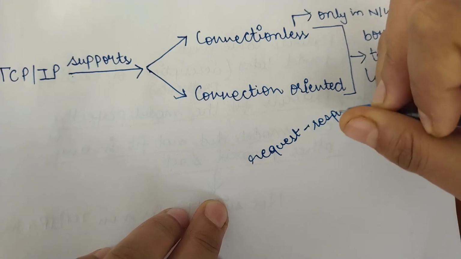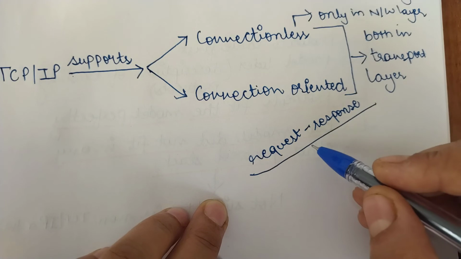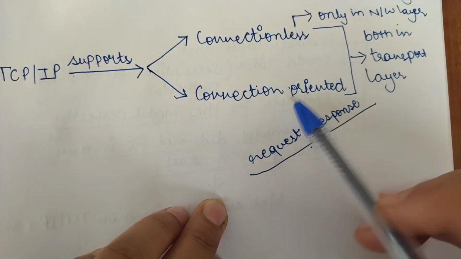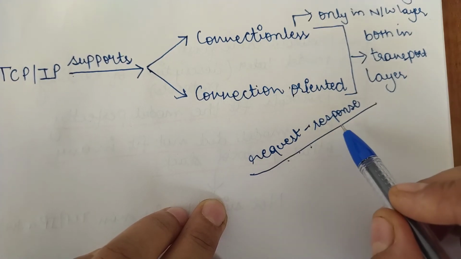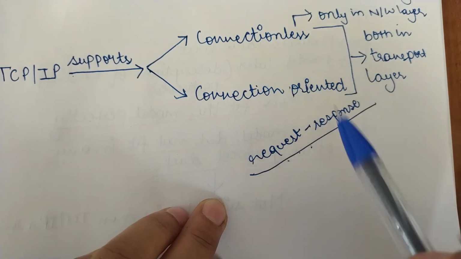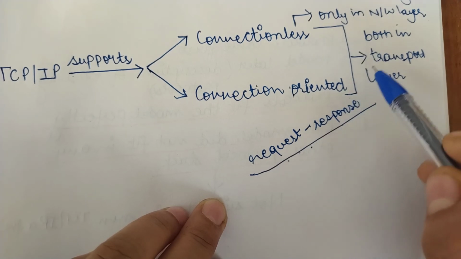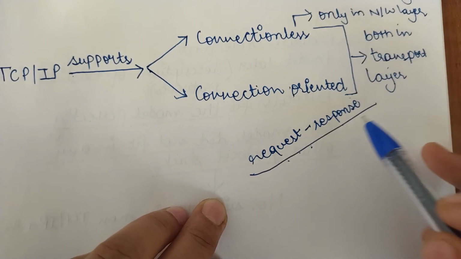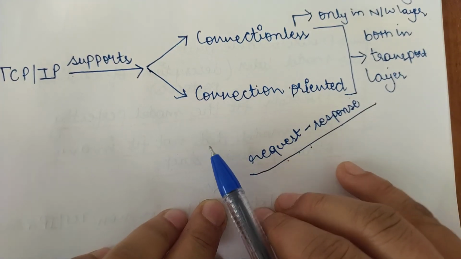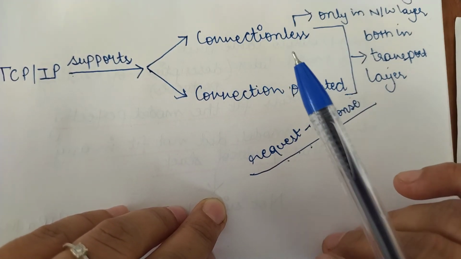So when it is a request and response service where the quality does not matter much, the user has a choice among the connectionless and connection-oriented services, and generally in case of request-response services, a user usually prefers to have a connectionless service. So providing both connectionless and connection-oriented services in the transport layer gave users a choice between the two. So these are the differences between the TCP/IP and the OSI reference model.